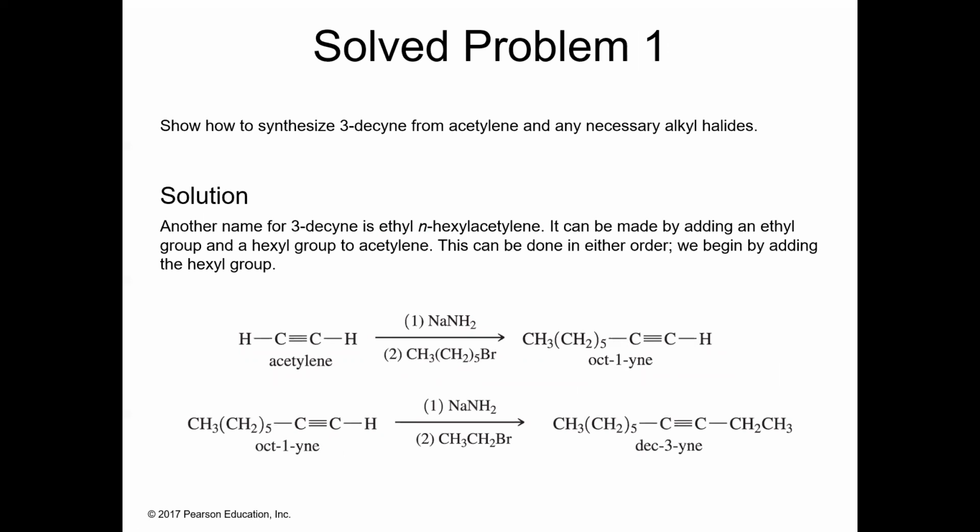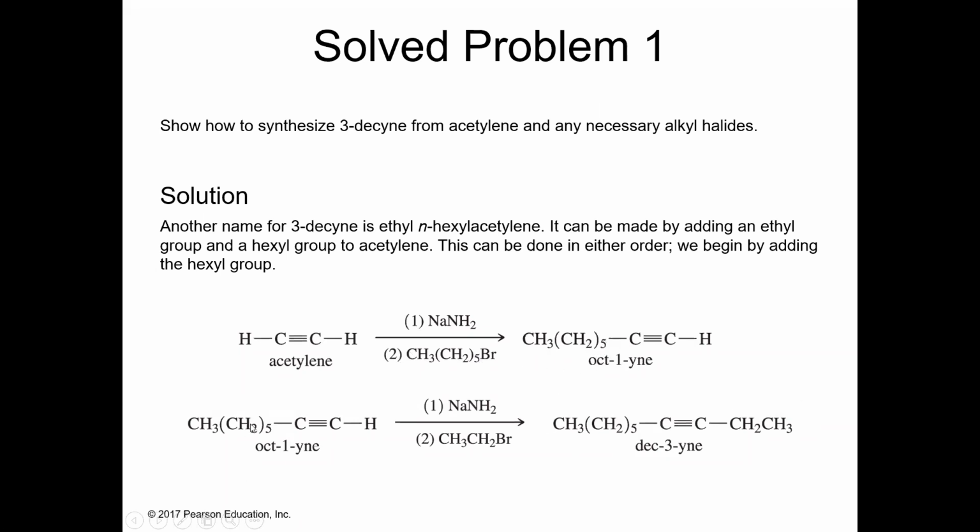If we start with acetylene, or ethyne, it turns out that we can deprotonate one side at a time, and so we can introduce two different groups. Here we're using NaNH2. That deprotonates this, and this will do an SN2, and we'll add a 6-carbon chain to one side.